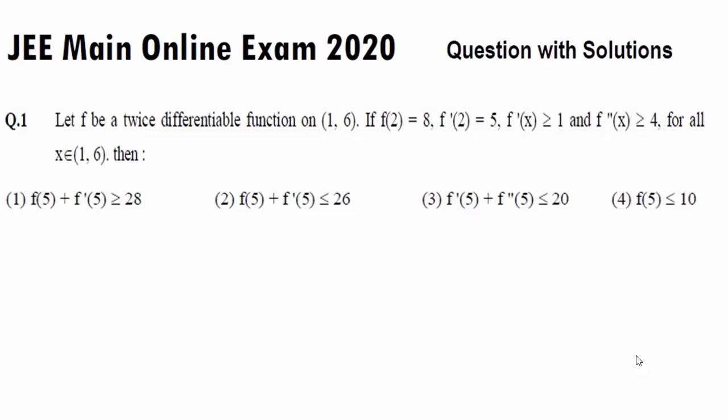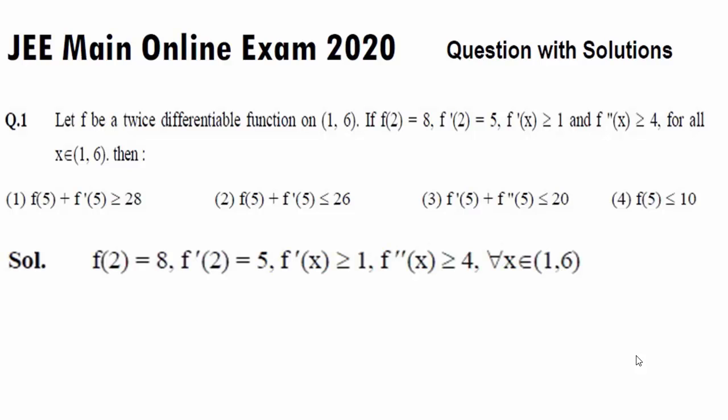Second, f(5) + f'(5) ≤ 26. Third, f'(5) + f''(5) ≤ 20. And fourth option is f(5) ≤ 10.